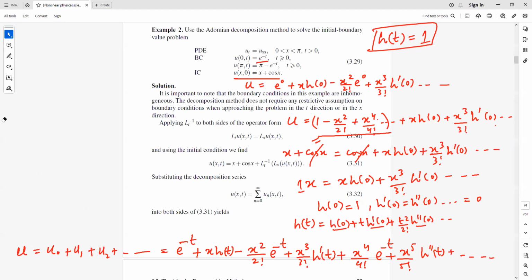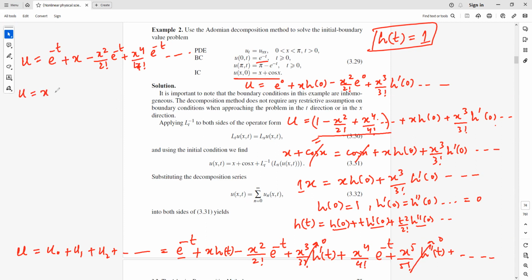So now u equals this thing e to the power negative t plus x times h of t, which means x, and then we have negative x squared over 2 factorial e to the power negative t, then h prime of t is 0 because h of t is 1, so this term is 0, this term is 0, so we are only left with these terms where we have this thing, right?